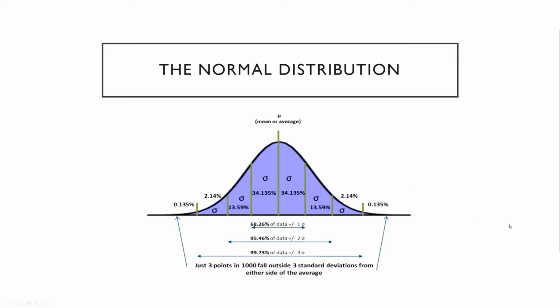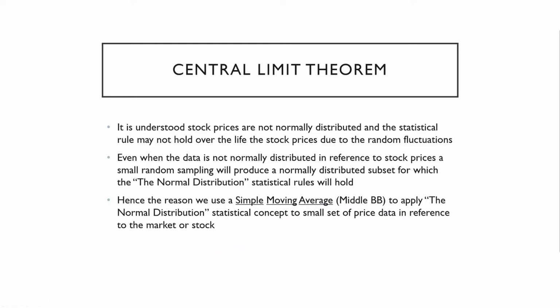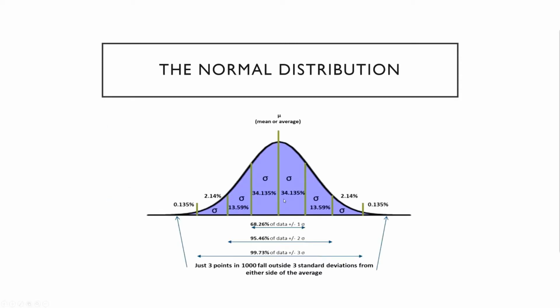So that's the concept of normal distribution that is applied to Bollinger Bands. And the normal distribution applies to your standard deviations of a 2 standard deviation, just to summarize that.